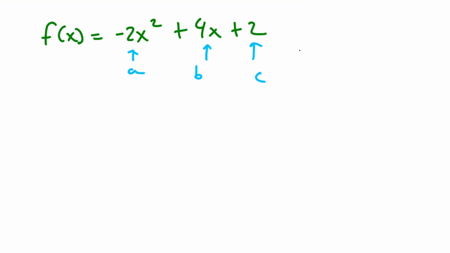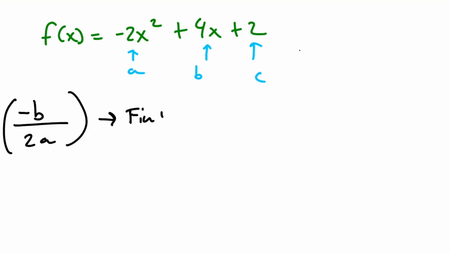Now I'm going to use my formula to figure it out. I know my formula is minus b over 2a, and remember, this is just for finding my x value. We're going to use this x value and plug it back into the function to find my y value. So let's find our x value first.